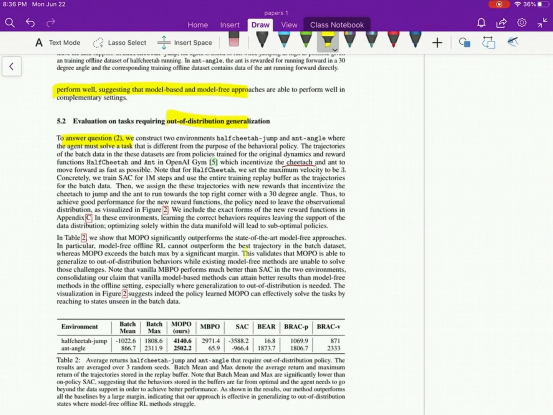This validates MOPO is able to generalize and solve these problems. Even vanilla MBPO performs better than SAC. That's surprising. So MOPO, yes.